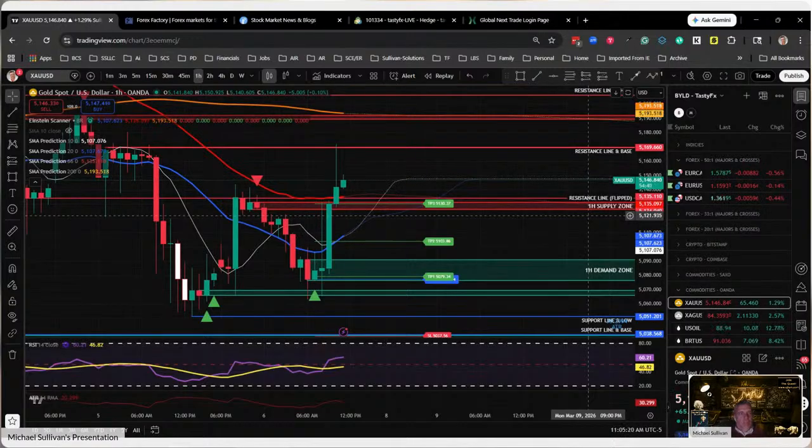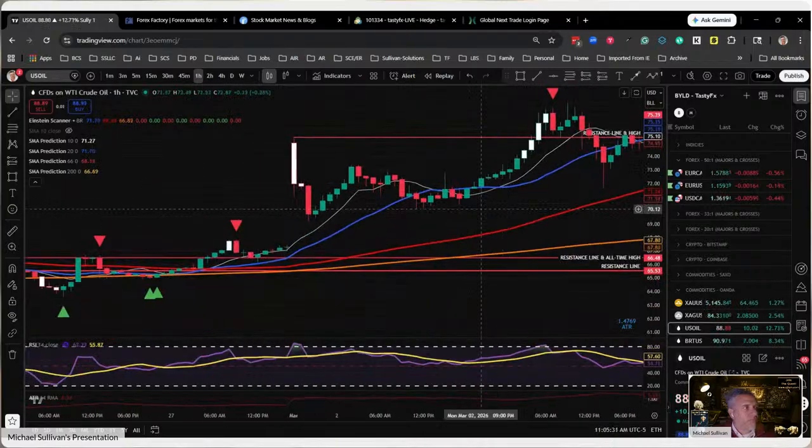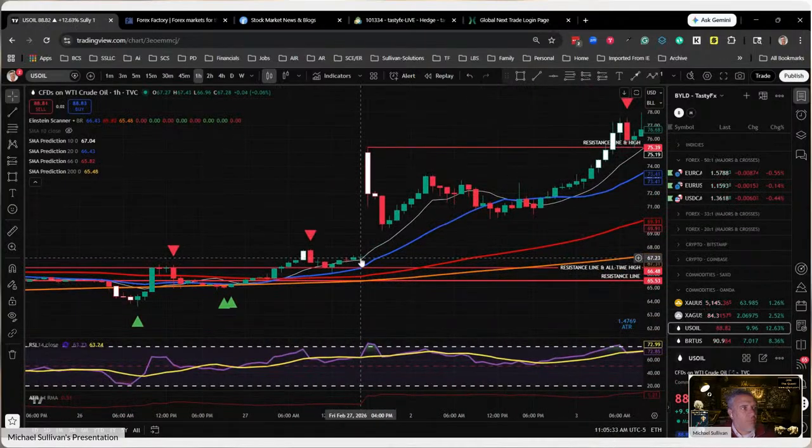The last thing I wanted to mention is that at 5 PM today, if you're in a trade, get out. Just don't ride it over the weekend. I'm gonna use oil as an example again. If you were in this oil trade and you were in a sell, maybe you thought it was gonna go down and you set a stop loss right here, and you didn't get out before the weekend, it went up $8.